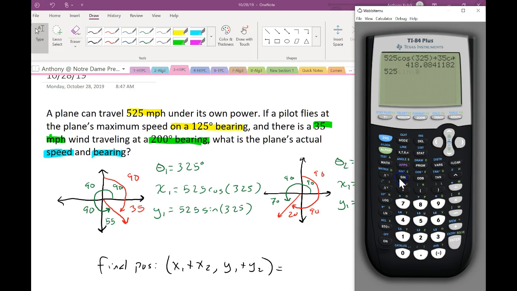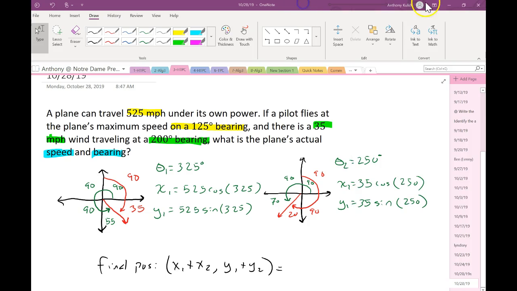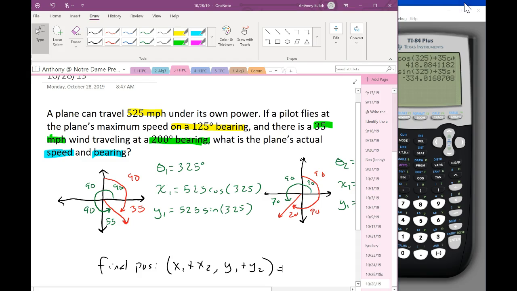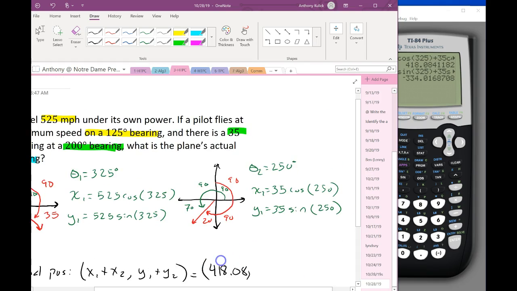So 525 sine 325 plus 35 sine 250. And that's going to give us negative 334. So we have 418.08, comma, negative 334.02.